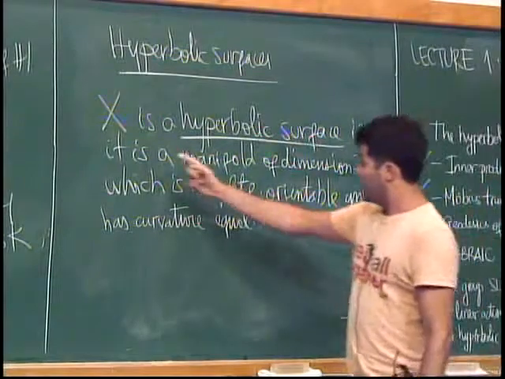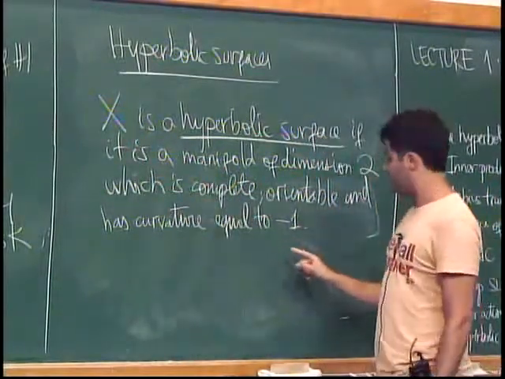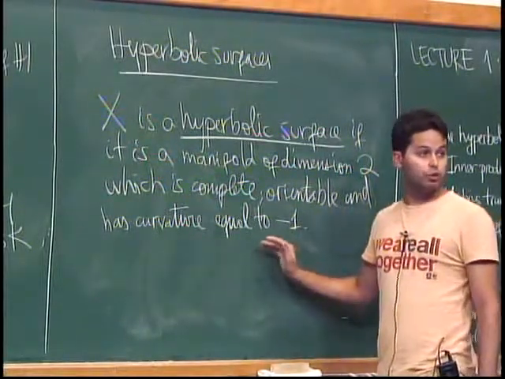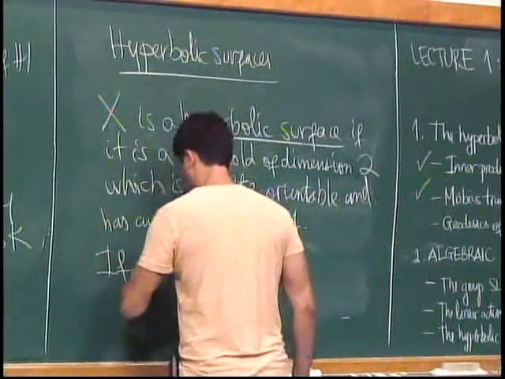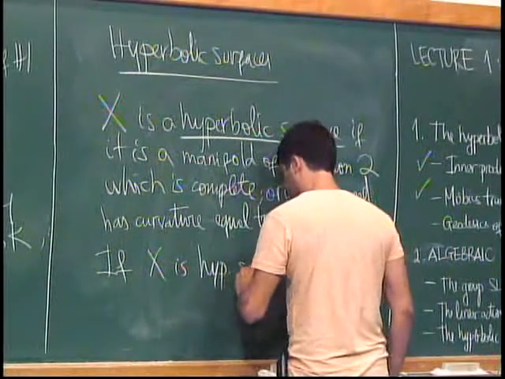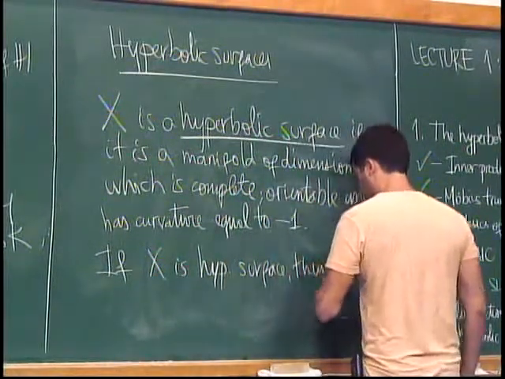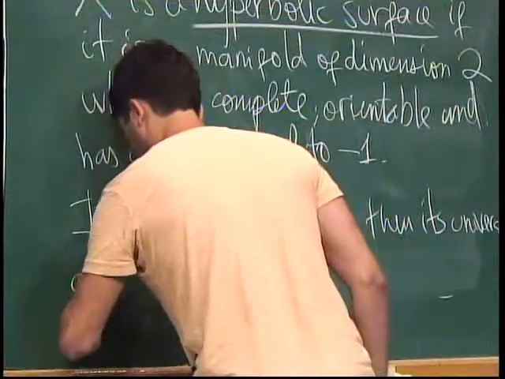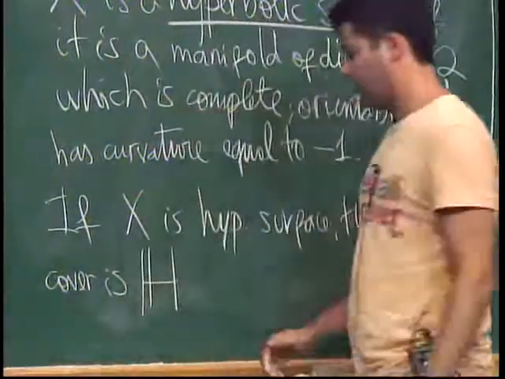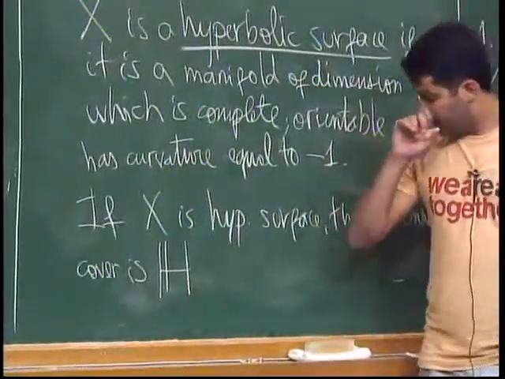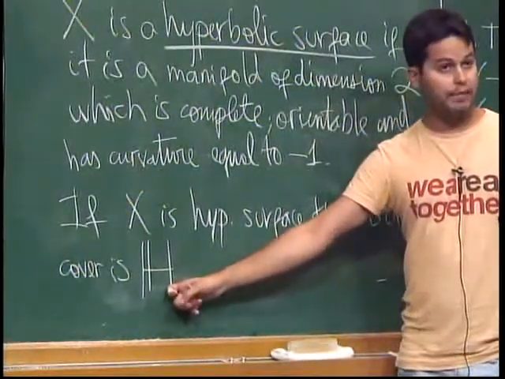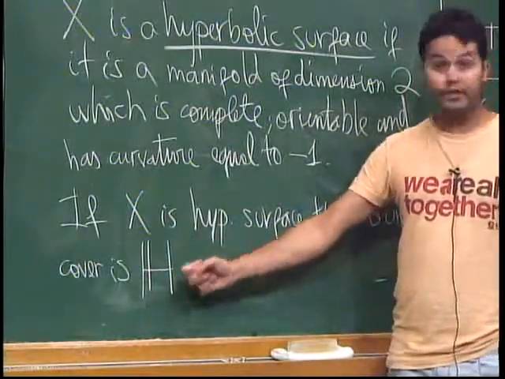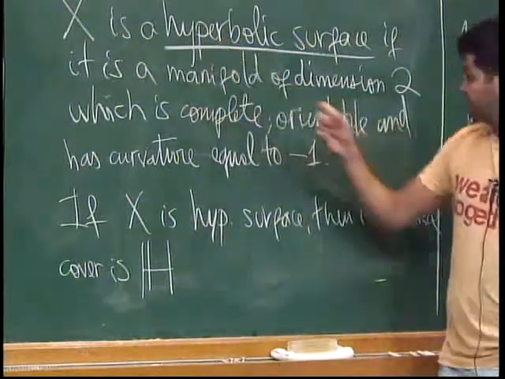Why? If you have X like this, with these three properties, and you apply the Riemann uniformization theorem, you get that the universal cover of this guy should be H. So if X is a hyperbolic surface, then its universal cover is H. If you look at the deck transformations, they will be a subgroup of the isometries of H, but also orientation preserving because the surface is orientable.